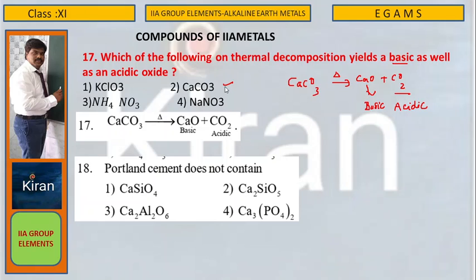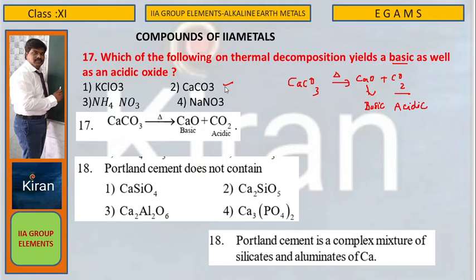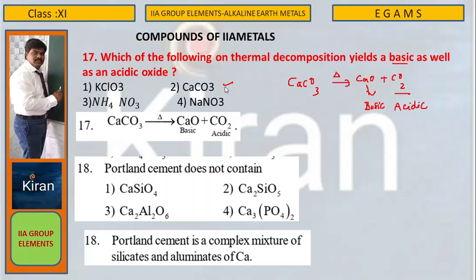Portland cement does not contain one of the products from alkaline earth metals. Three of the compounds are present, one is not there among these given options. The 18th question's right option is the fourth one, calcium phosphate. Portland cement is a complex mixture of silicates and aluminates of calcium.